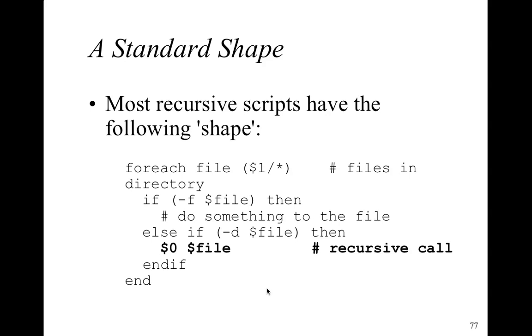Otherwise, you get runaway scripts that just run forever, which is kind of like an endless loop. I'm not going to take your computer down, but it might do some undesirable things on your computer. So for files in a directory, do something to the file, else, if not, end, so you can exit out of there.